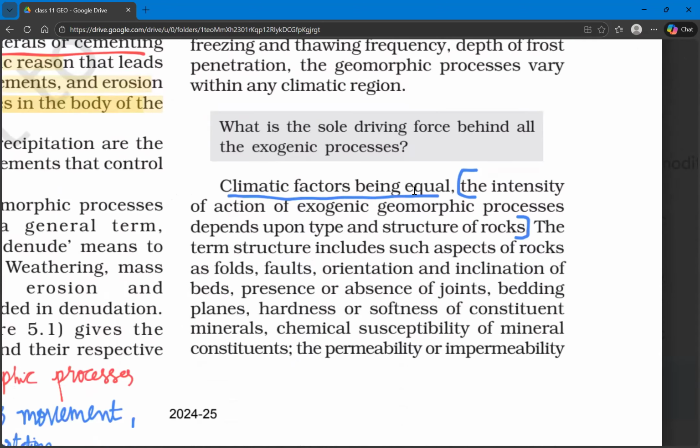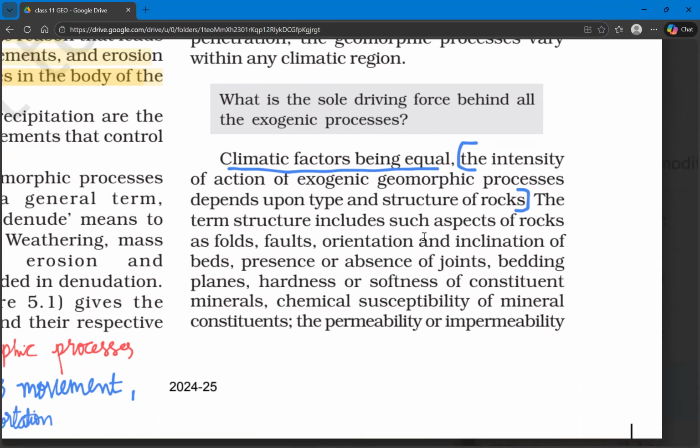Climatic factors being equal, the intensity of action of exogenic geomorphic processes depends on the type and structure of rocks also. So if we assume that the climatic factors are equal, then the type of rock on which the exogenic geomorphic process is acting is also important.